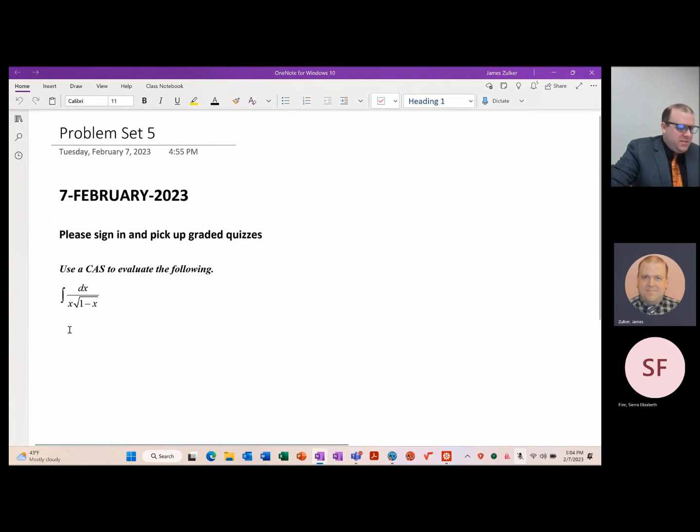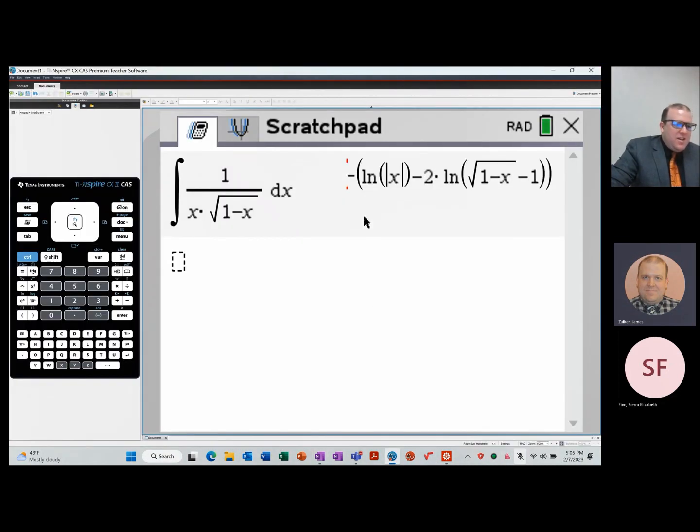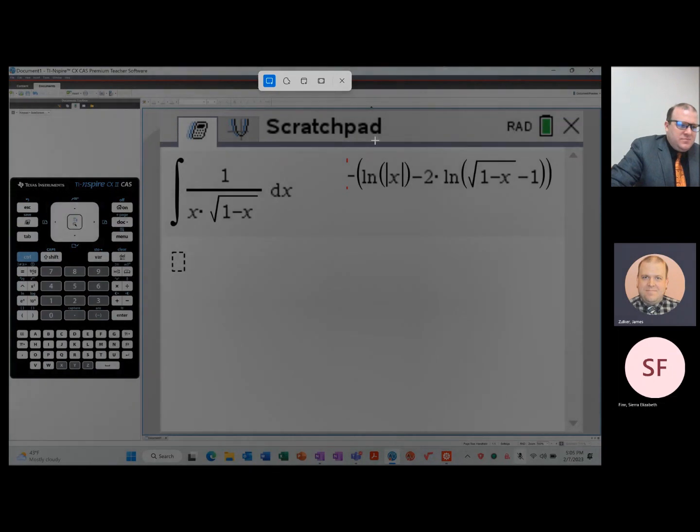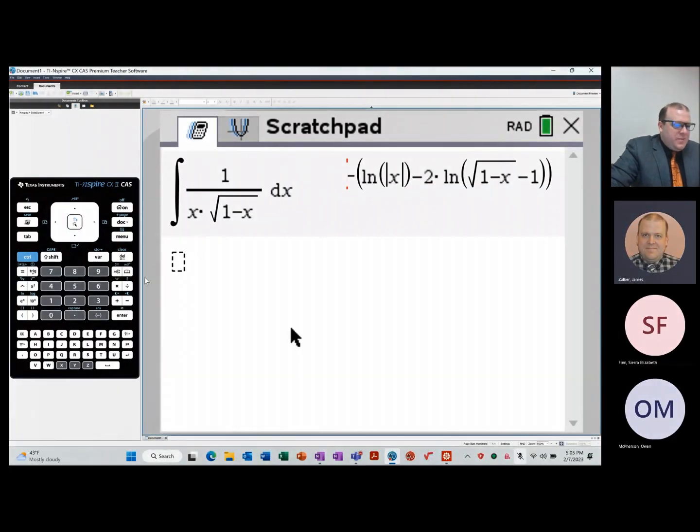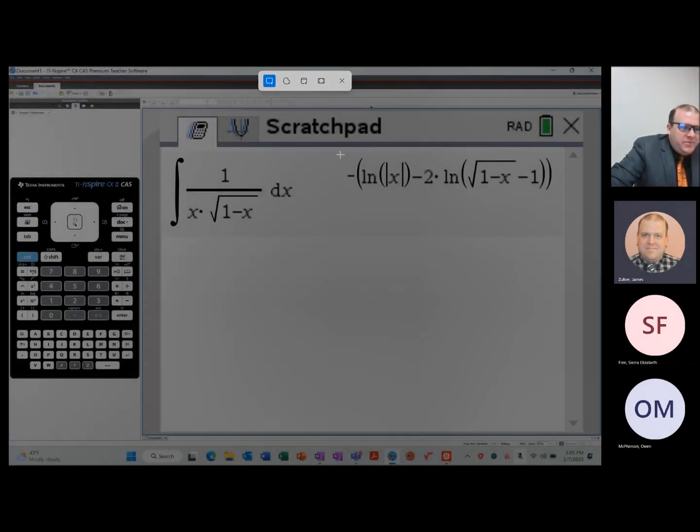Won't let me paste it as a picture. That's annoying, which means I'm going to have to do it this way. Oh, wait. Then do screen capture.